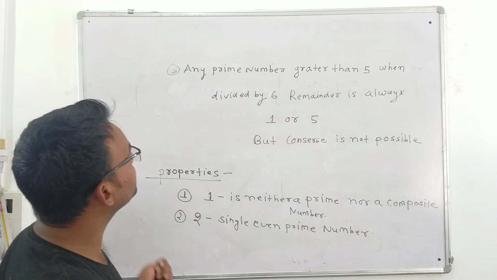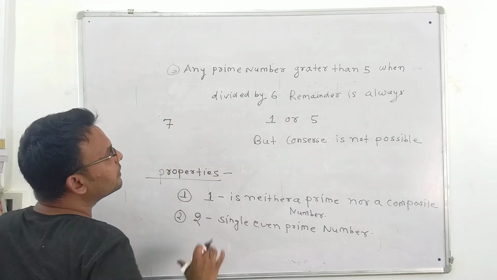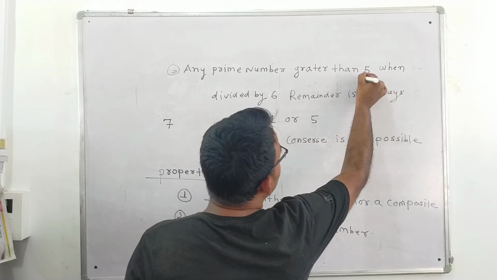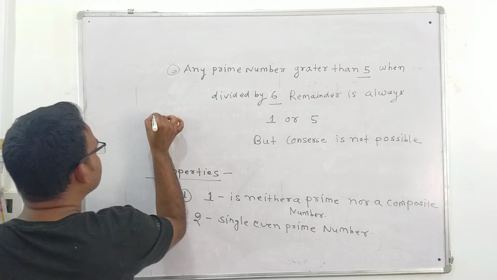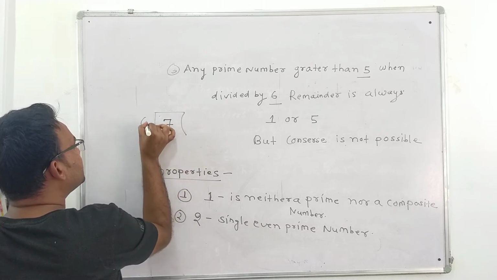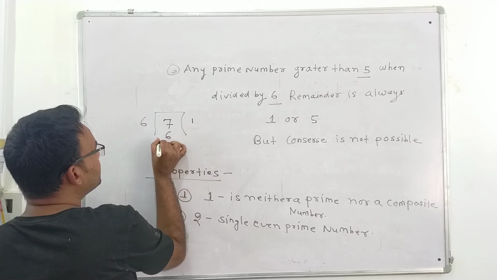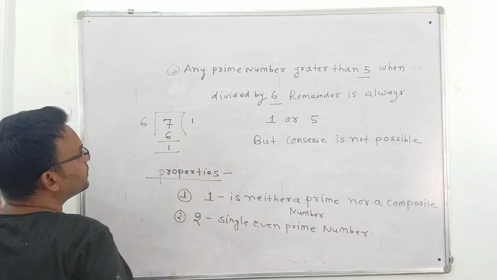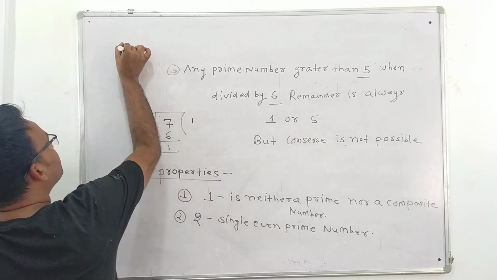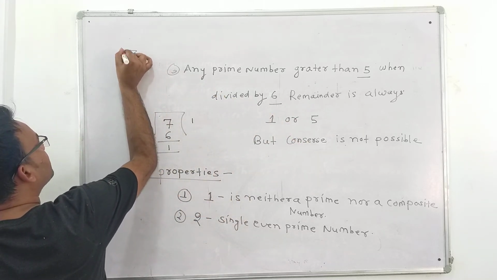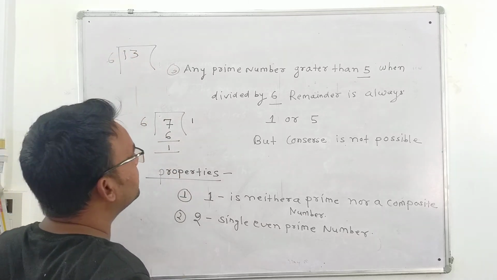Okay, suppose 7 is a prime number. This prime number is greater than 5. If I divide this number by 6, 6 ones are 6, remainder is 1. Let another prime number, 13, also a prime number greater than 5, be divided by 6.